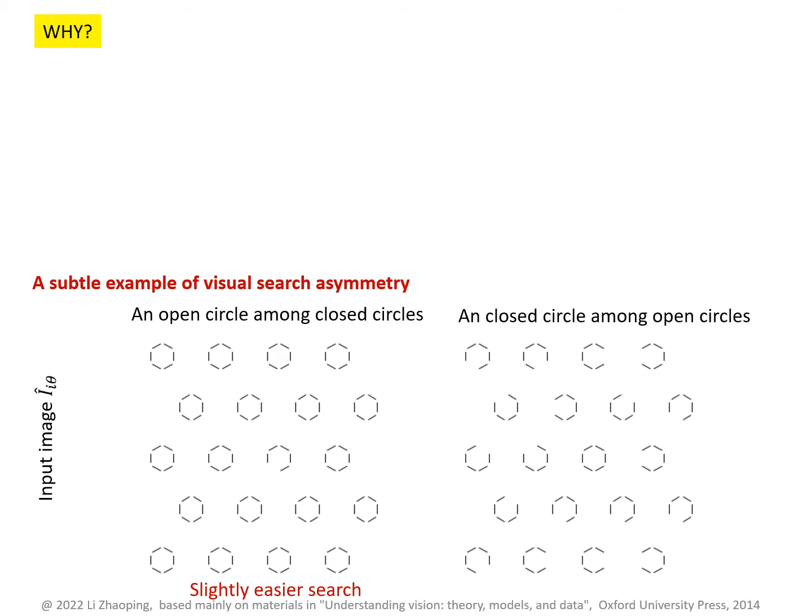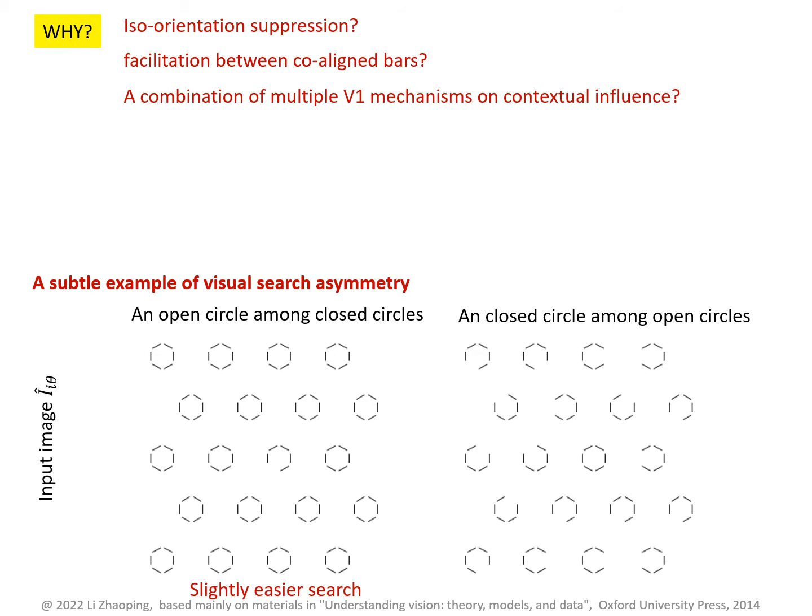It's not obvious why this is the case, or which single V1 mechanism is responsible for this, whether it is due to a difference in the strength of iso-orientation suppression, or in the facilitation between neurons for co-aligned bars, or a combination of multiple V1 mechanisms in a subtle manner.